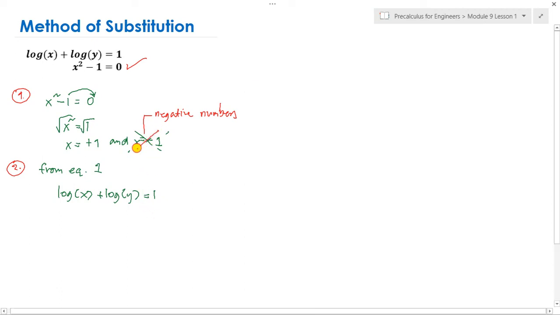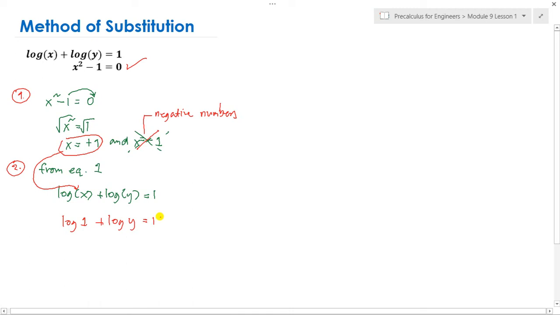because we are dealing with a logarithmic expression. So just consider the positive. That's why I'm just considering x is equals to 1, the ultimate value. The other negative one, we ignore. So substituting this here in the log, that would be log of 1 plus log of y is equals to 1.